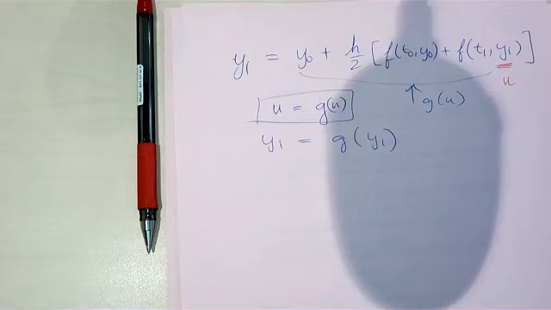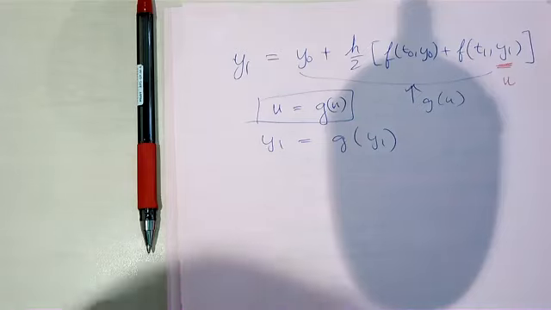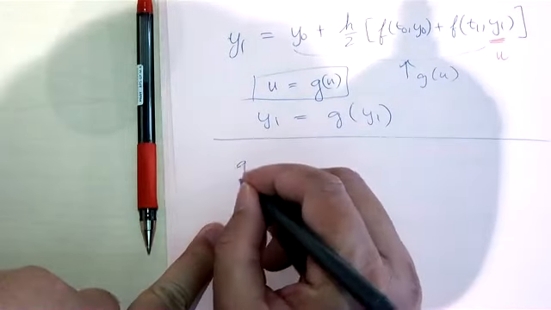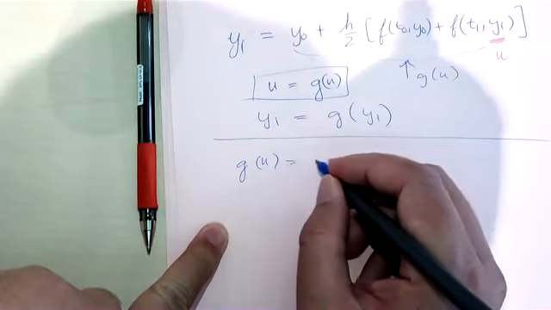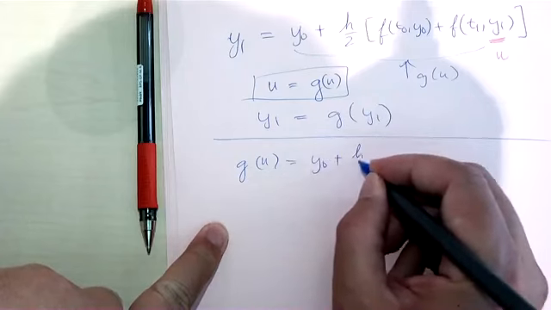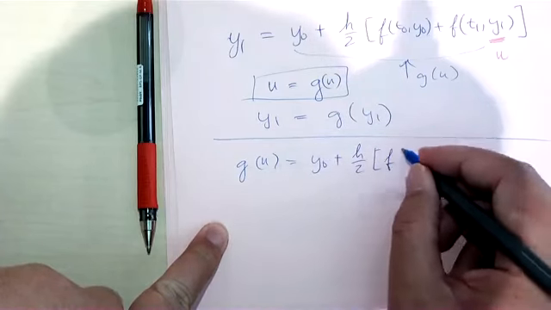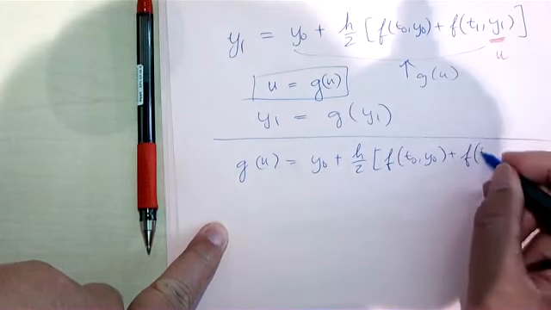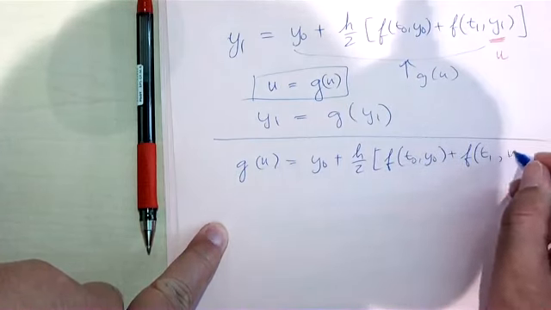Okay? So remember before, what is your g? Your g(u) is just y0 plus h over 2 times f(t0, y0) plus f(t1, u).